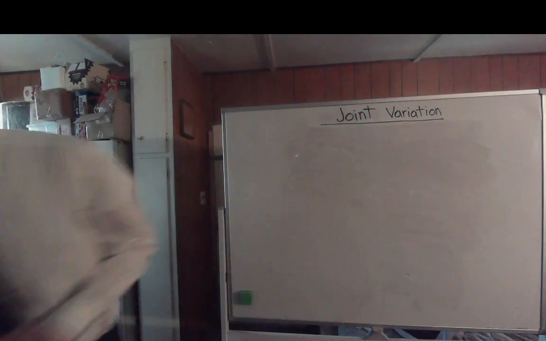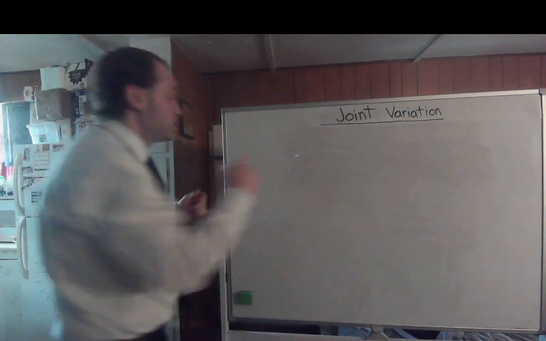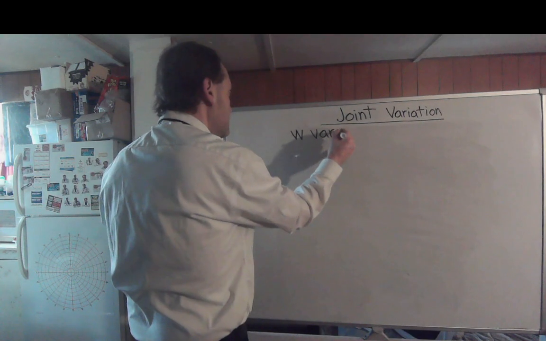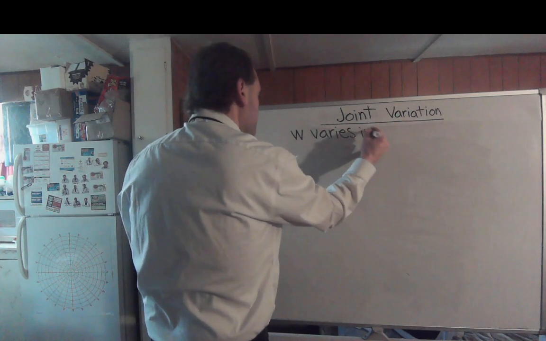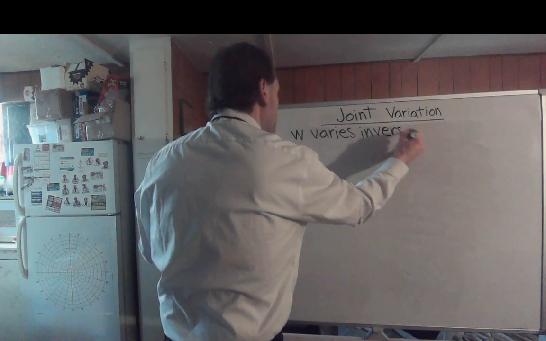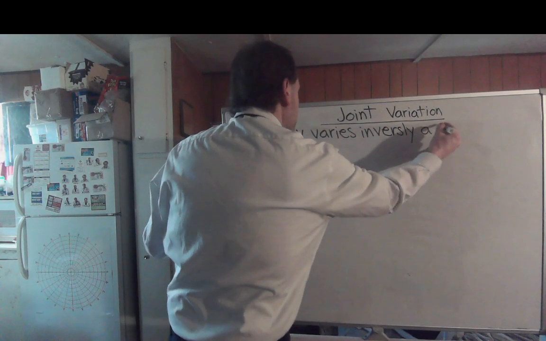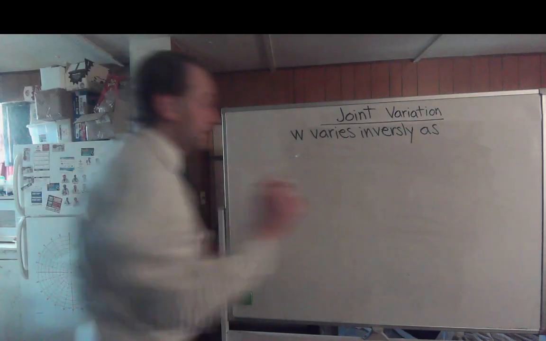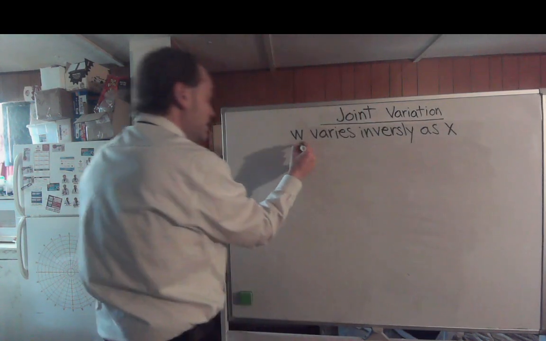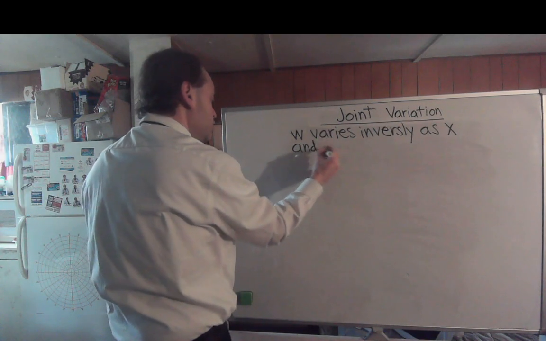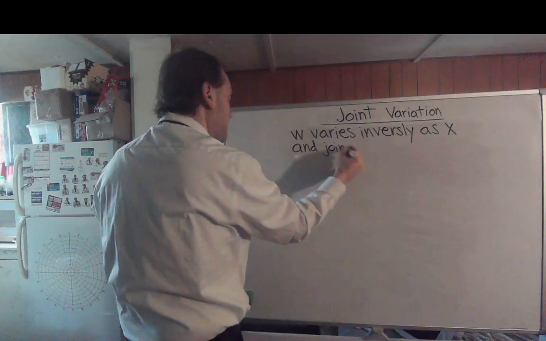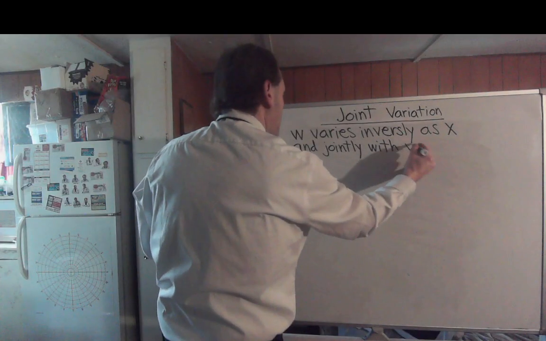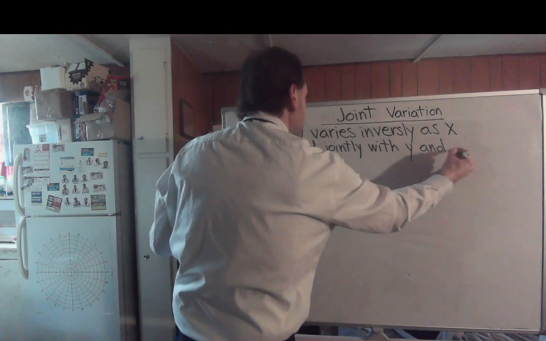All right. Good one. So W varies inversely as x and jointly with y and z.